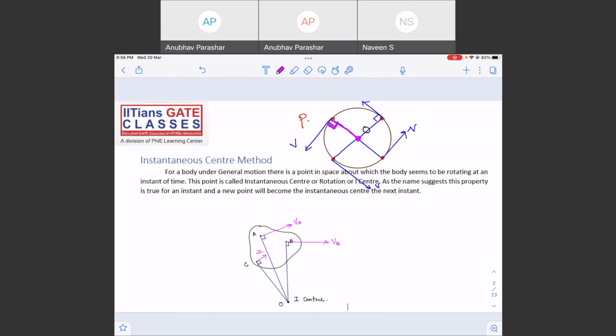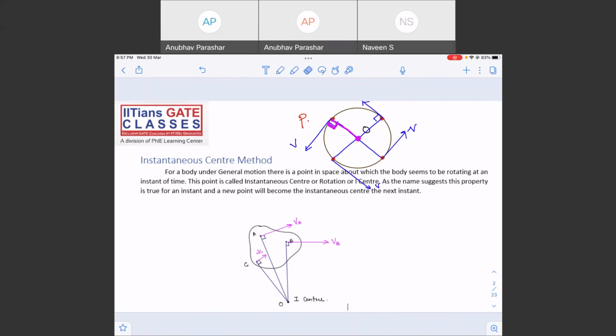That is a characteristic of circular motion, and it always holds true. So using this concept, we'll try to learn something about the instantaneous center.